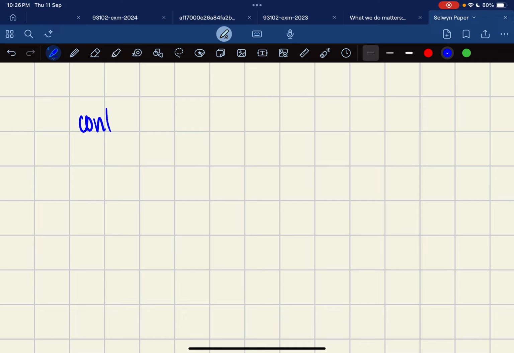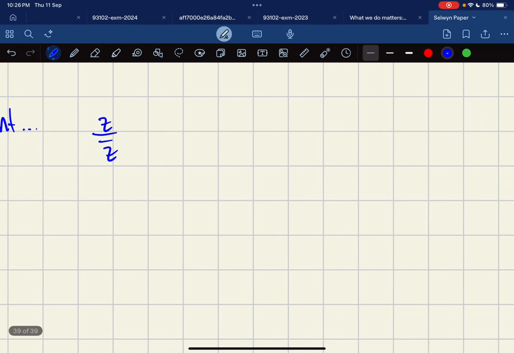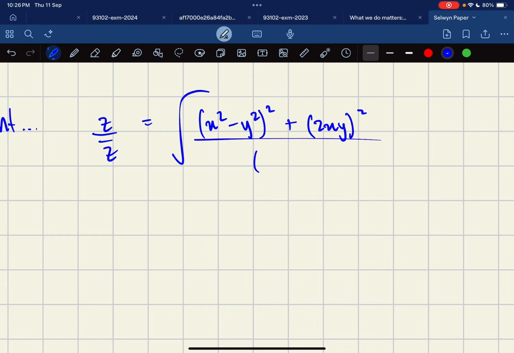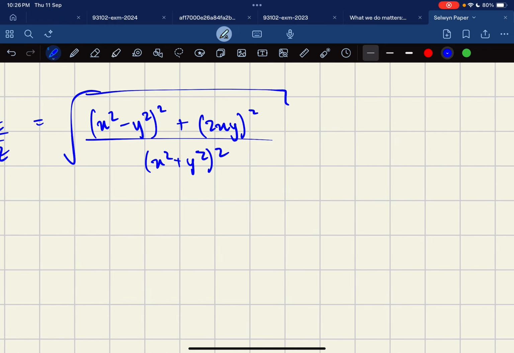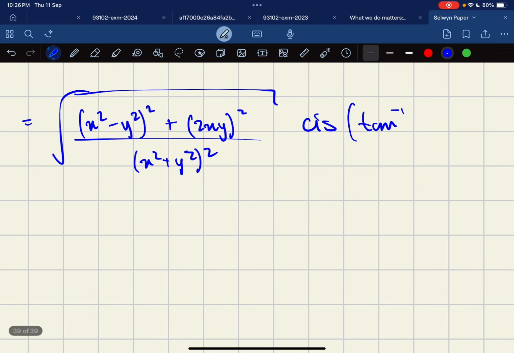So continued, where z over z prime, the conjugate of z. We had the square root of x squared minus y squared, squared, plus 2xy squared, over x squared plus y squared squared. And we can simplify the cis expression to inverse tangent of 2xy over x squared minus y squared.